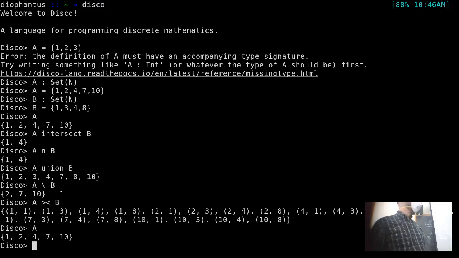So here's a set A. What is the complement of A, if my universe is all the natural numbers?